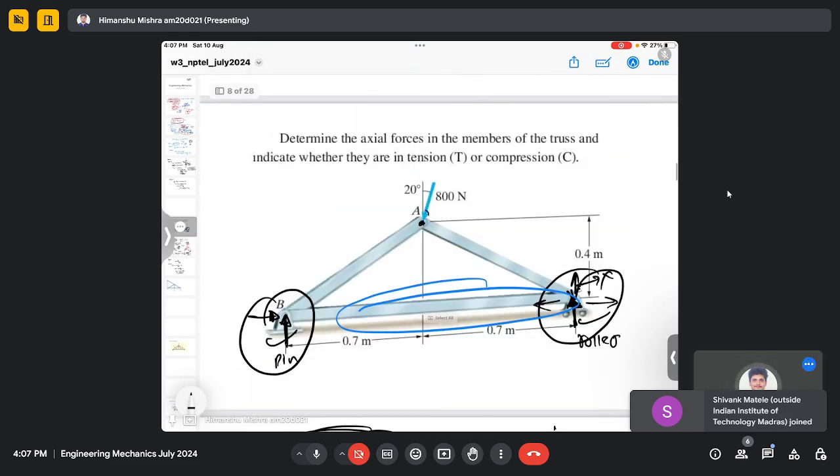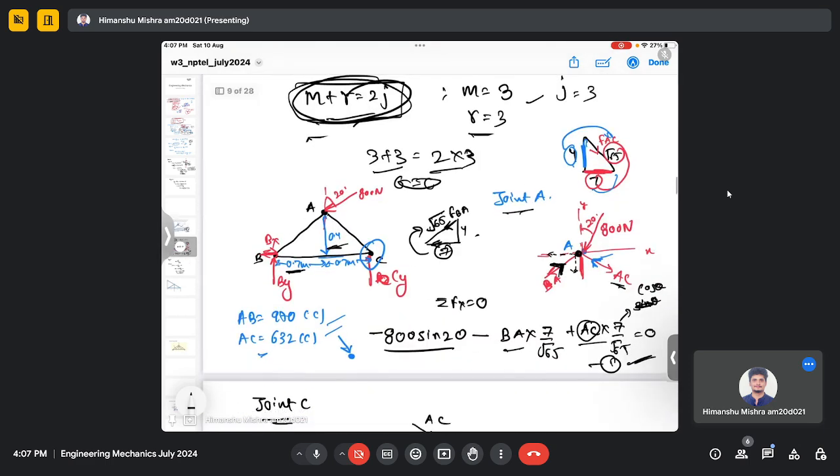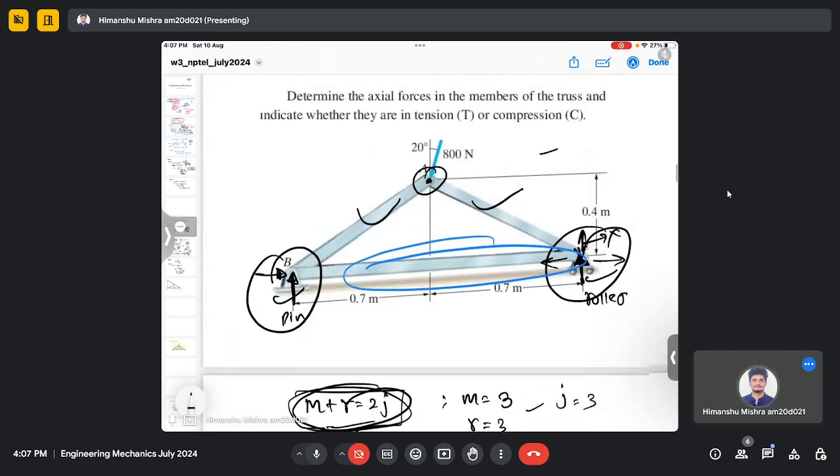Then we considered joint A and used force balance analysis to calculate the forces in these members. Then we analyzed whether each member is in tensile or compressive force. We found negative forces, which means our assumed direction was wrong, and we needed to correct the direction there.